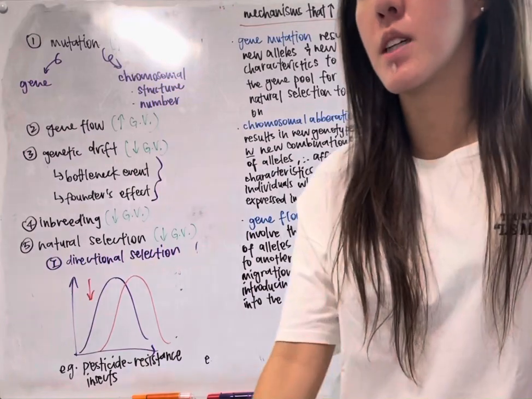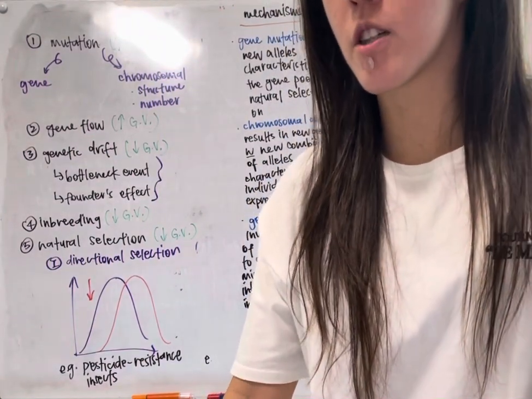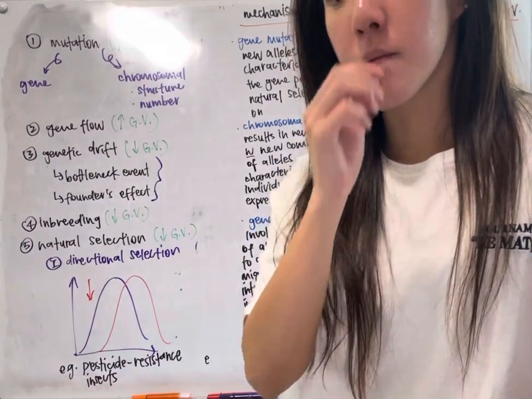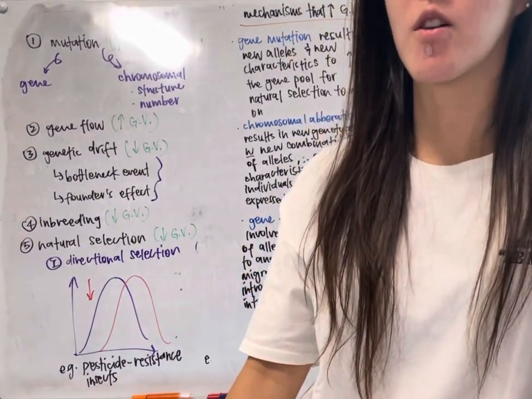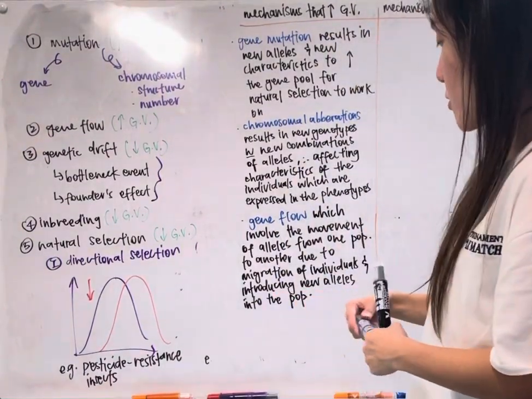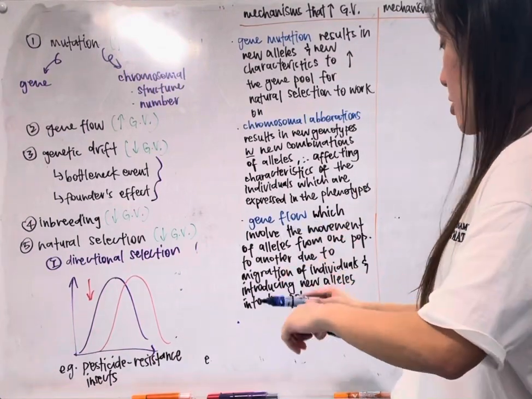There is also another one that increases GV. Any idea? What else also increases GV besides what I just mentioned? Okay, so I will separate them. Meiosis, I write sexual reproduction.